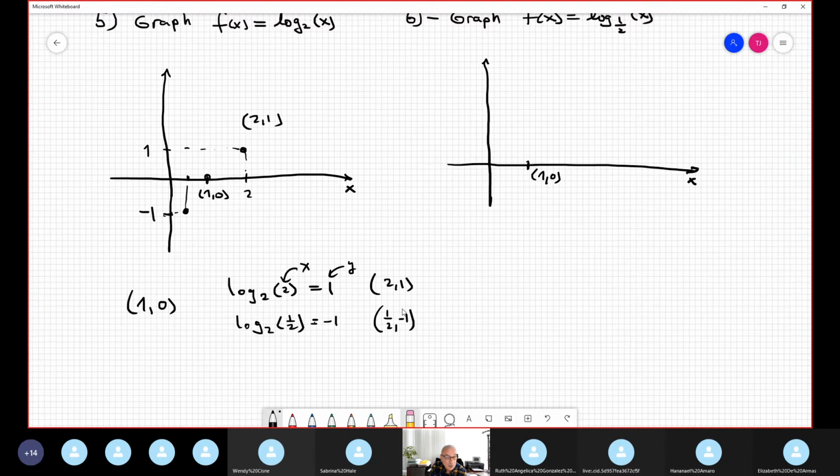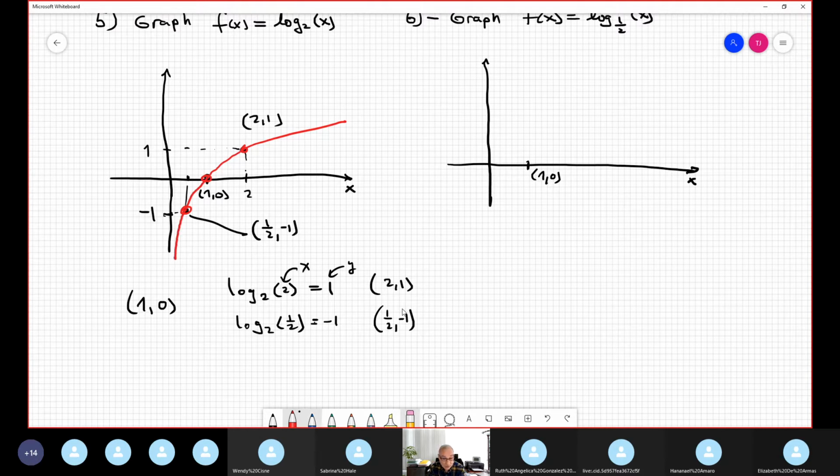And the point is here. This point is the point 1/2, -1, and our curve looks like that, connecting by the line. I know exactly what the shape is for the logarithmic function.